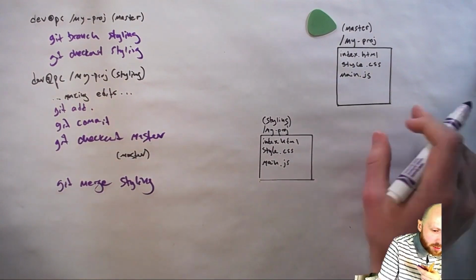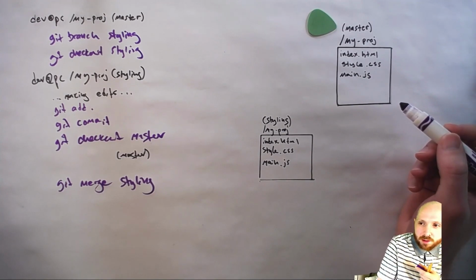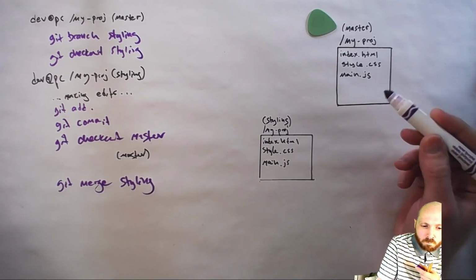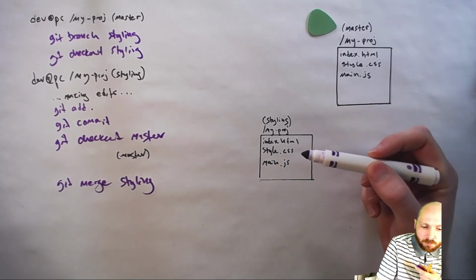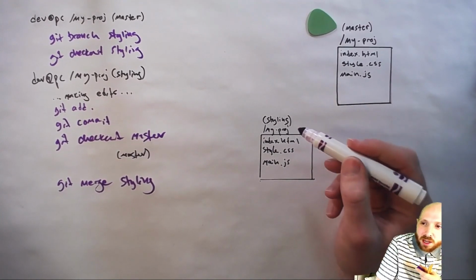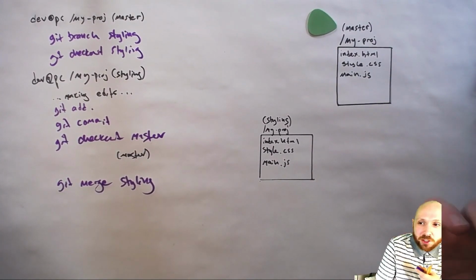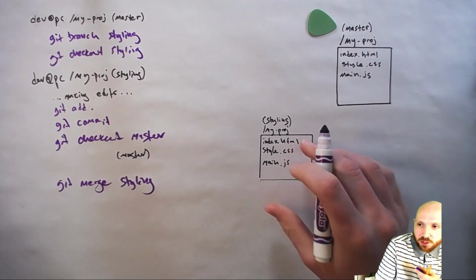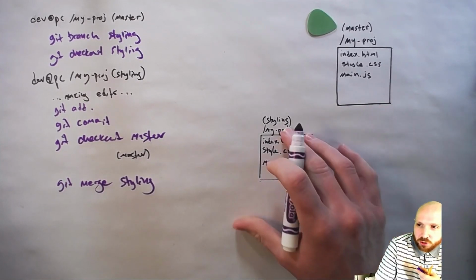So I've merged, I'm on master. And if I wanted to go back to styling, I could keep this branch around. A lot of times branches are there for a particular feature, and when that feature is done, you could just delete the branch, and then when you're ready for another branch, you just make a new branch and go over there.